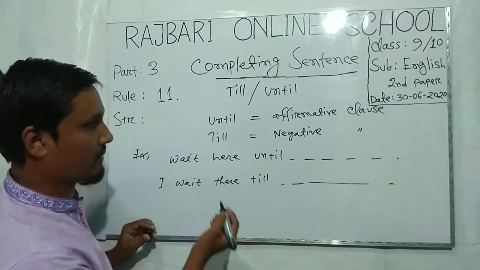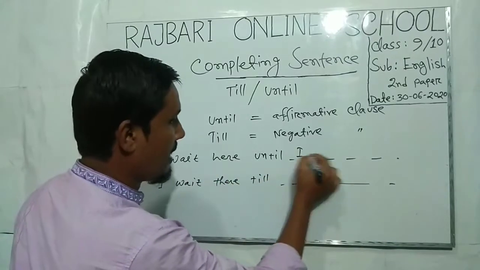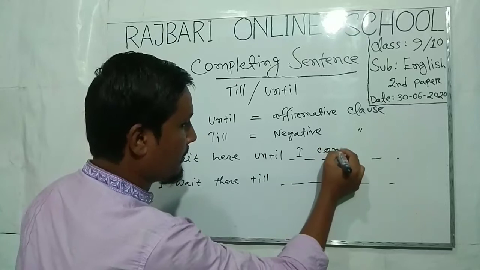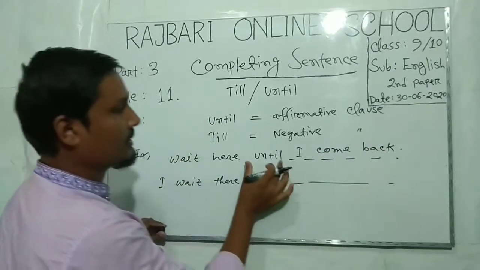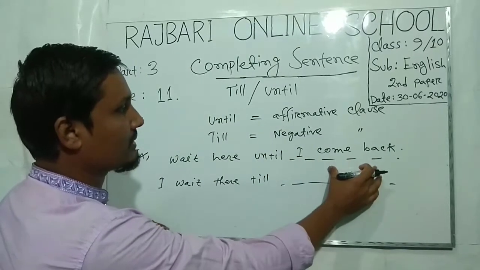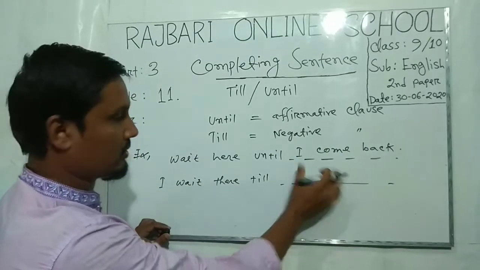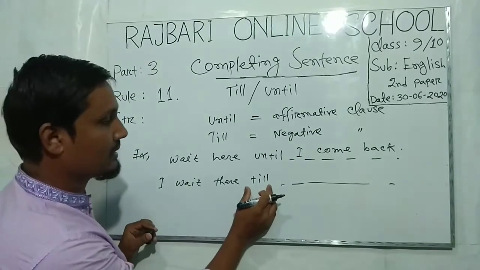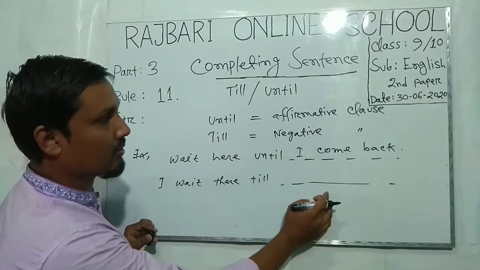Okay, my dear student, I am doing the completing sentence. Please try to understand. Wait here until I come back. It is until, and I have written the sentence that is affirmative clause. Okay, it is till. For this reason, I have to do negative clause.